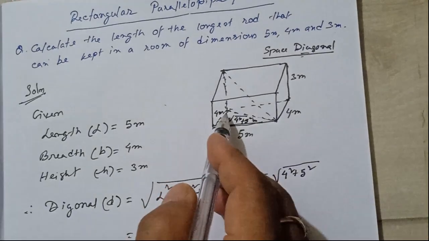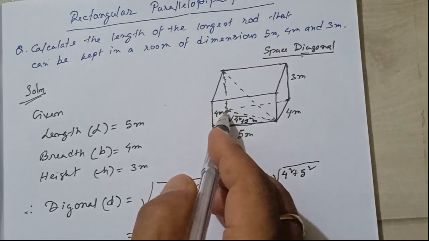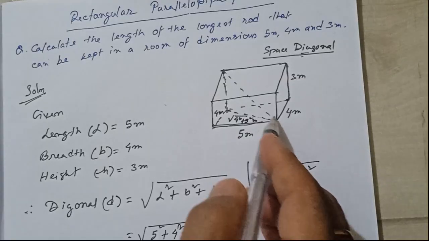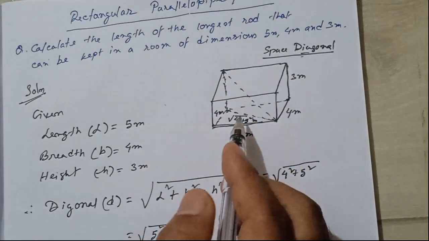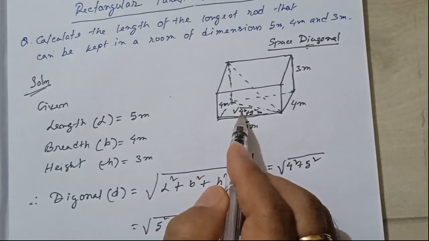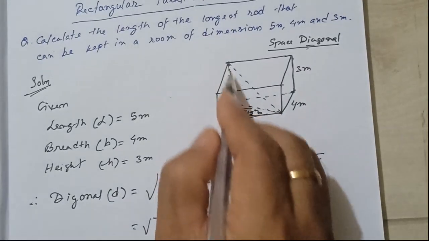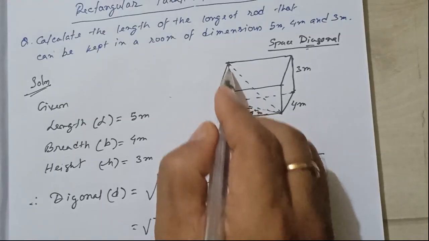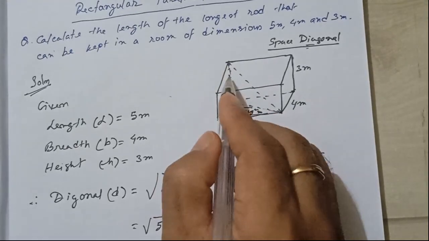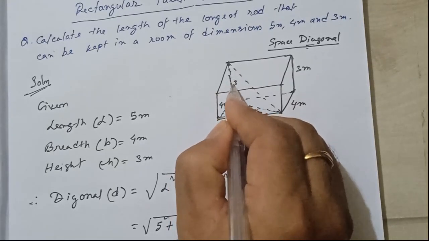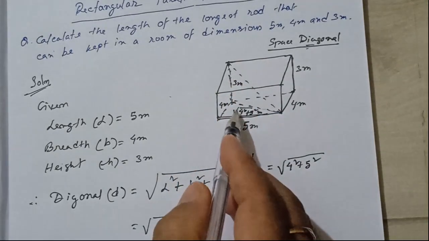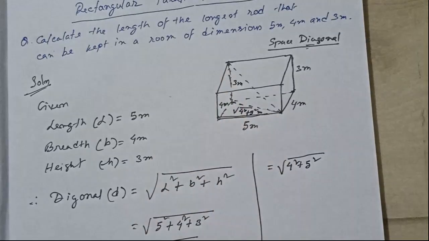Now if this value is known, then this is another right angle triangle, and we have found the measure of this line, and the length of this line is also known because this is 3 meter, the height. Okay, this line is known and this line is known.